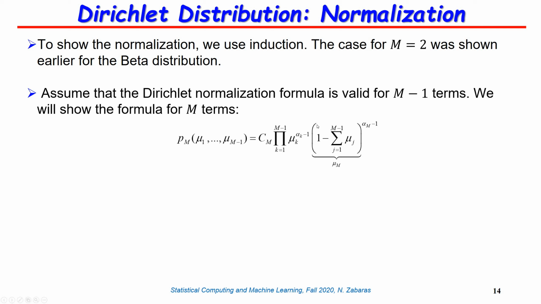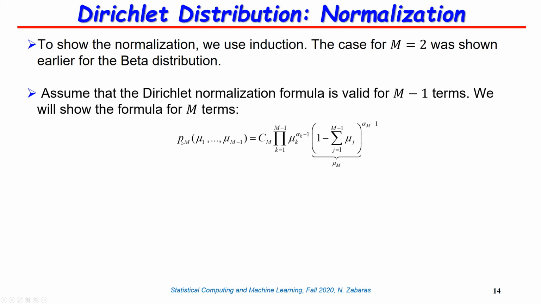I tried to highlight two ingredients. We're going to prove that this is normalized properly, so we're going to derive this in terms of the gamma functions that we had before. And the way we're going to do that is by assuming that the Dirichlet distribution is normalized for m minus 1 terms.